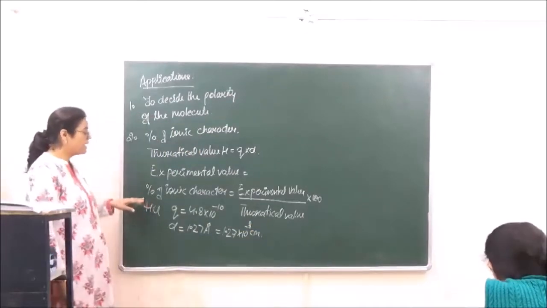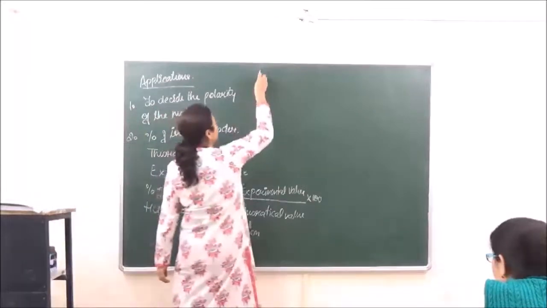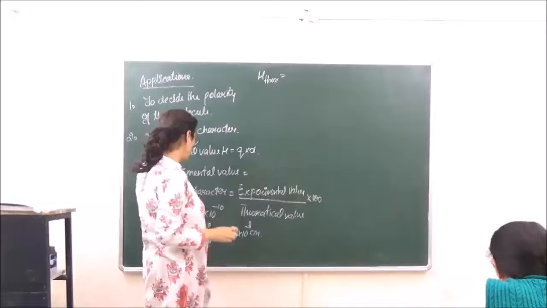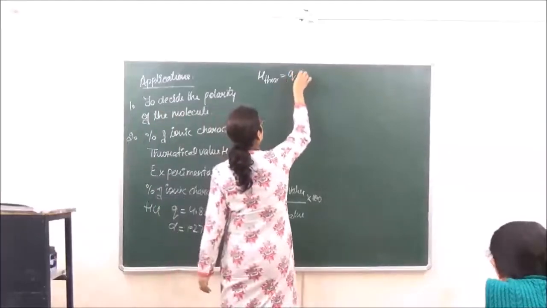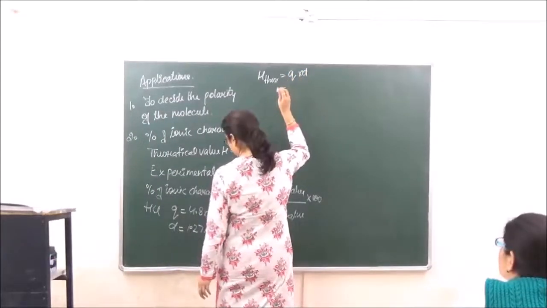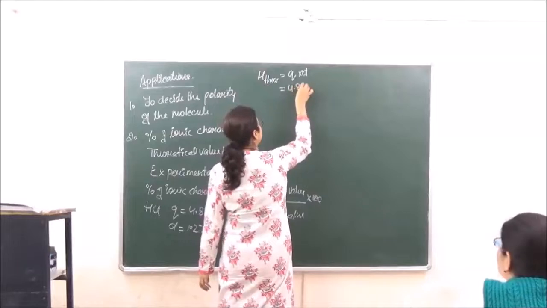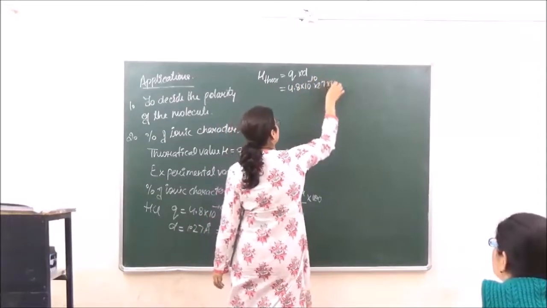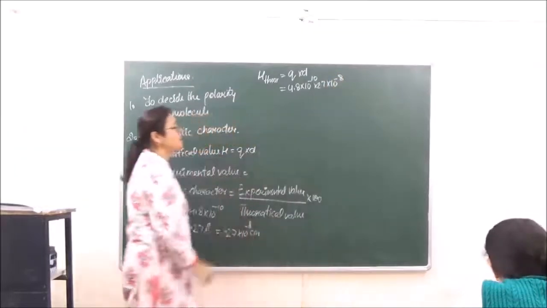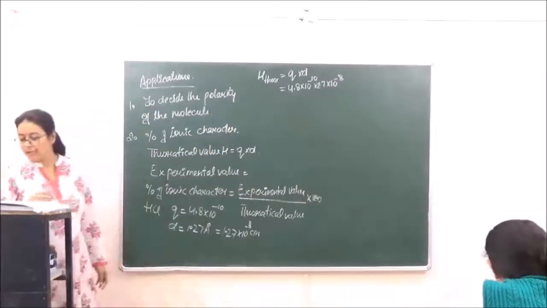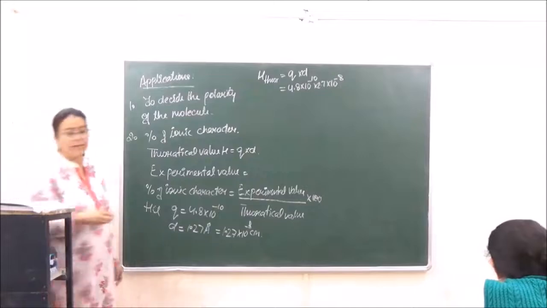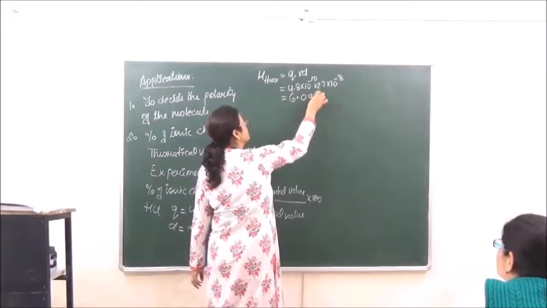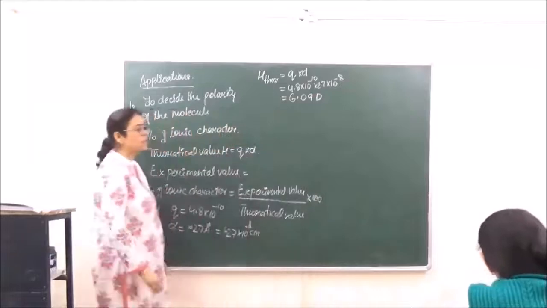What is going to be the value of mu? So mu theoretical is going to be equal to Q into D, which is 4.8 into 10 raised to power minus 10 into 1.27 into 10 raised to power minus 8. When we calculate this, it comes to 6.09 D.